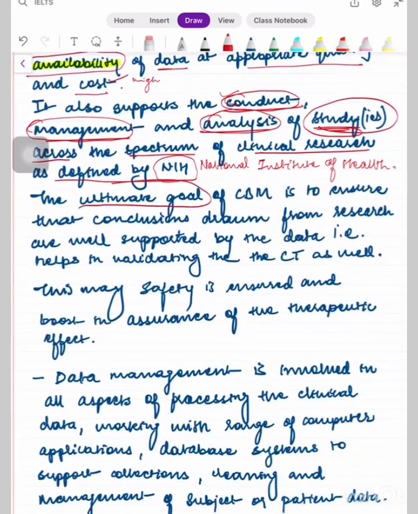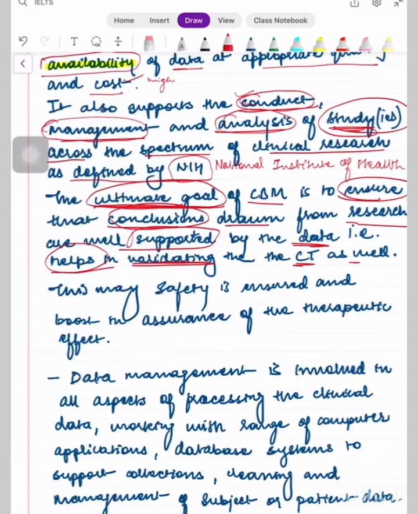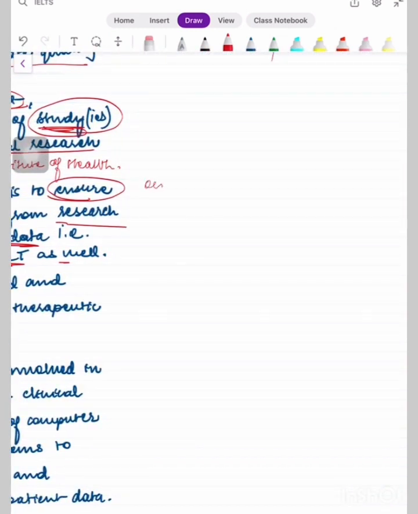The ultimate goal of CDM is to ensure that conclusions drawn from the research are well supported by the data. That is, it helps in validating the clinical trial as well. So CDM is not just about organization, not just about time management, not just about cost effectiveness or quality data being produced. By quality they mean that whatever data is produced should support the conclusion you have reached.